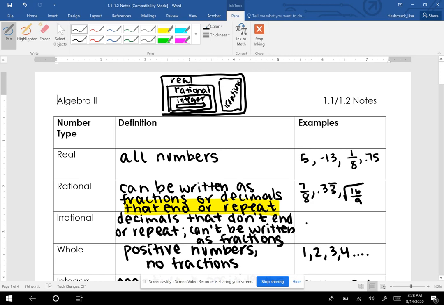So some examples of those are pi. Pi is one of those never-ending decimals. The square root of 2/5. 0.303003003000. Notice how it's not a repeating pattern. It keeps changing. That's also an irrational number.